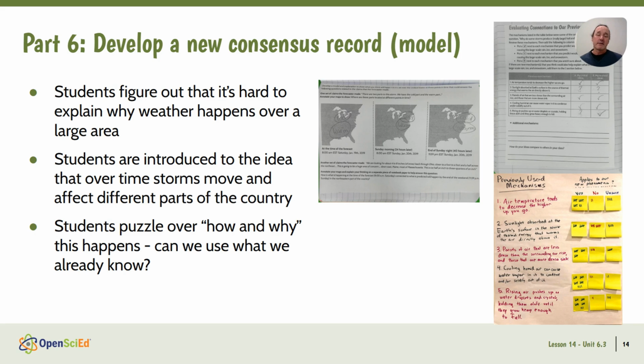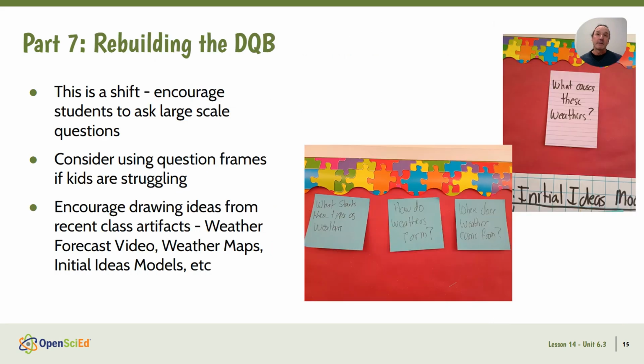In the second day of the lesson, we come together as a group after we've had some time to sort of grapple with how these larger things might happen individually. It's a really important moment because it's going to set up the how and why questioning that you're going to use when creating your driving question board, coming up in the next key moment, which is in part 7, right after 6.